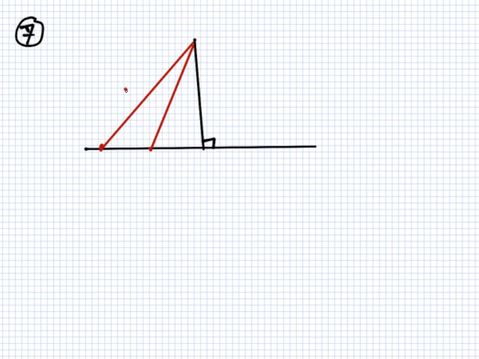This one here is 15, this one here is 15, this one here is 13, this angle here is 53.1 degrees, and this angle here is 67.4 degrees. And I want to know the distance between them. So I want this distance here.